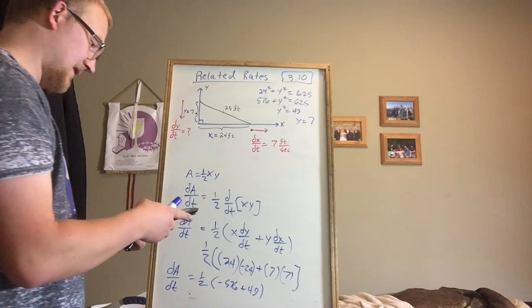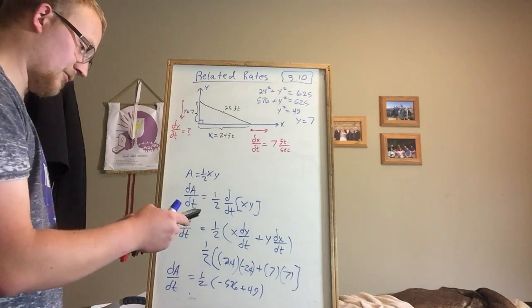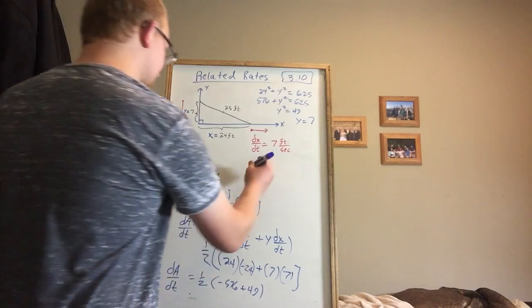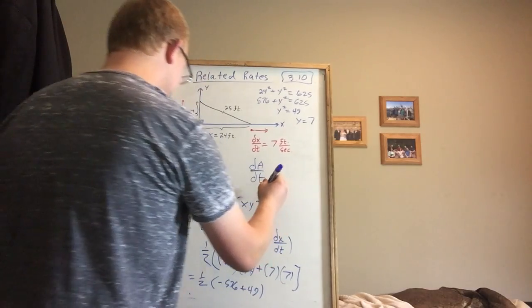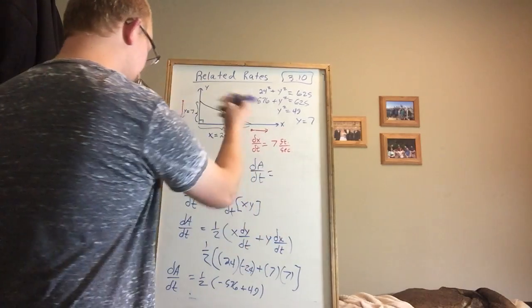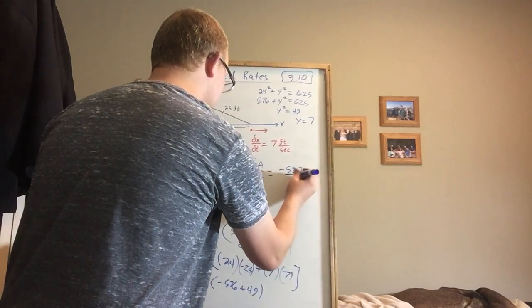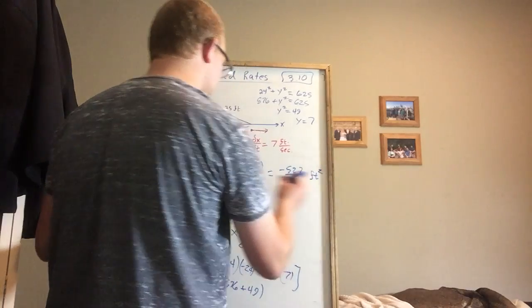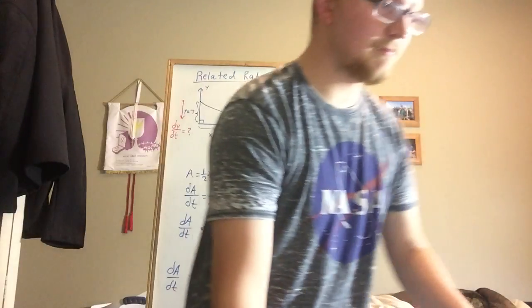So negative 576 plus 49 is negative 527. And then we're going to divide that, negative 527 divided by 2. So dA dt at this instant in time with these parameters is equal to negative 527 over 2. And that's in square feet. Feet squared. Let's go ahead and plug that in.